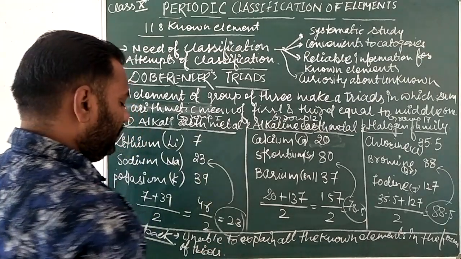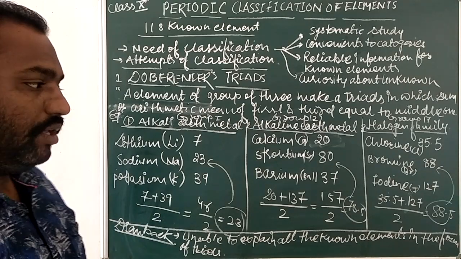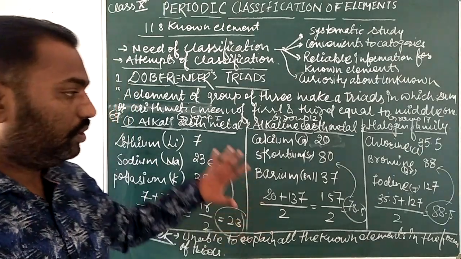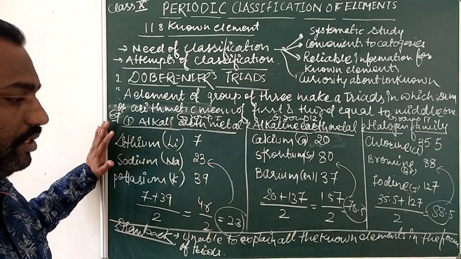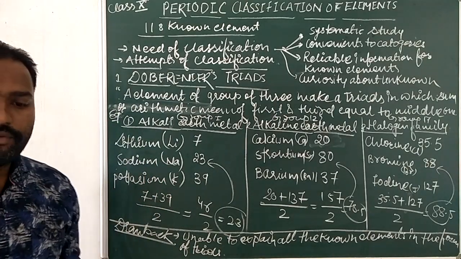Okay, so this is the thing. It means they are not able to explain all the known elements in the form of triads. Okay, so you have to write this in your notebooks. Okay, 1 minute.